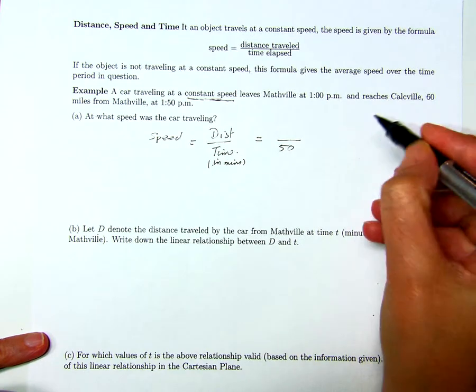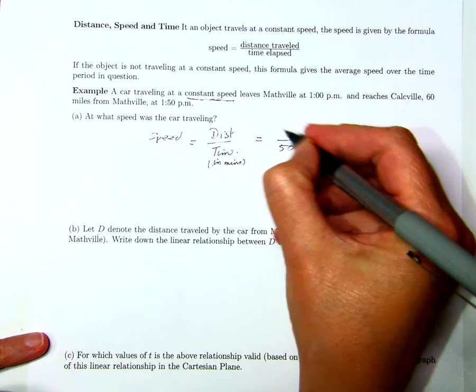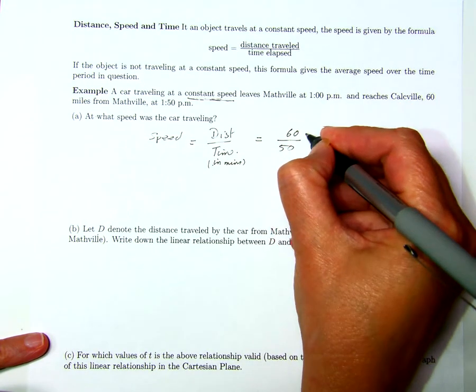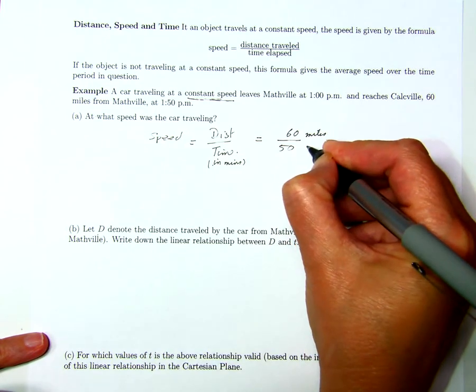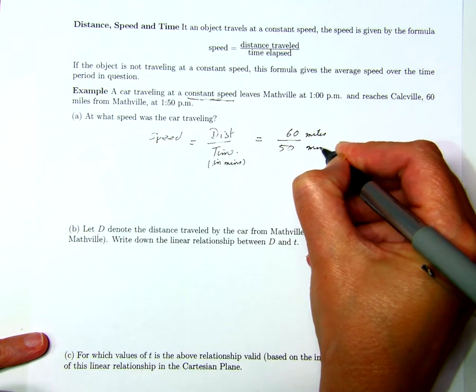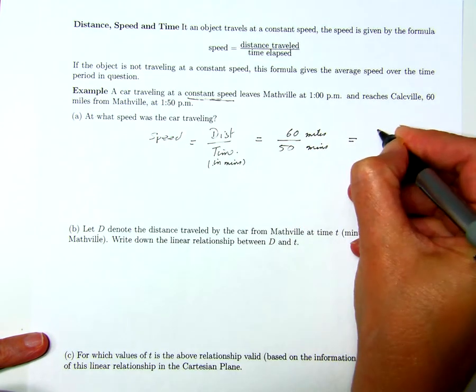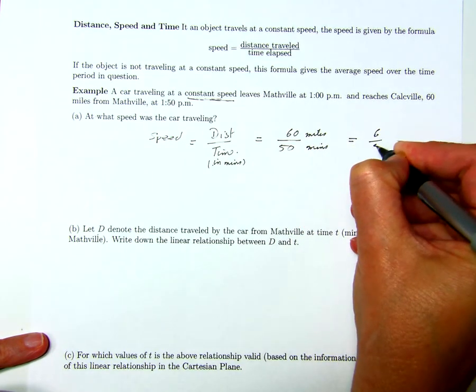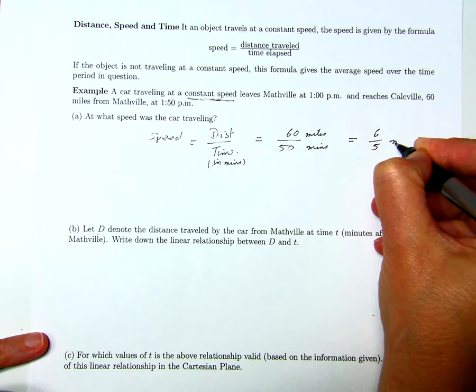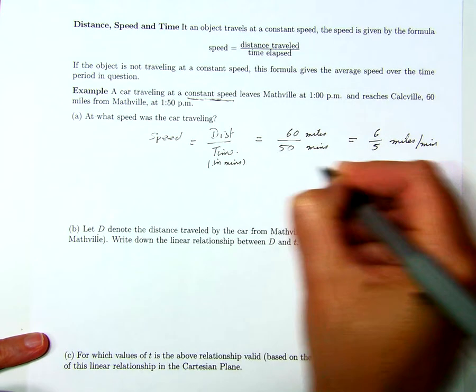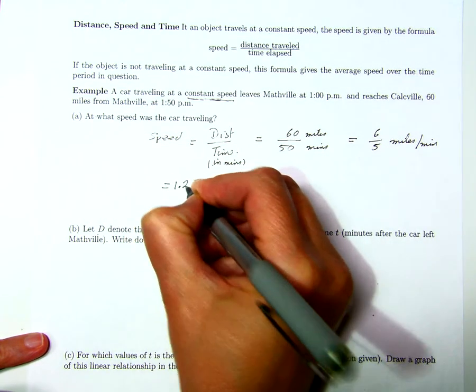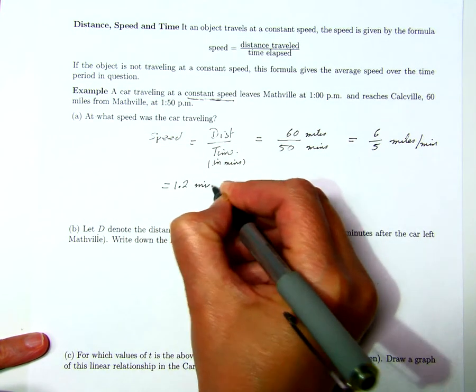The distance traveled was 60 miles. So they traveled 60 miles in 50 minutes, and that's 6 over 5 miles per minute. So that's equal to 1.2 miles per minute.